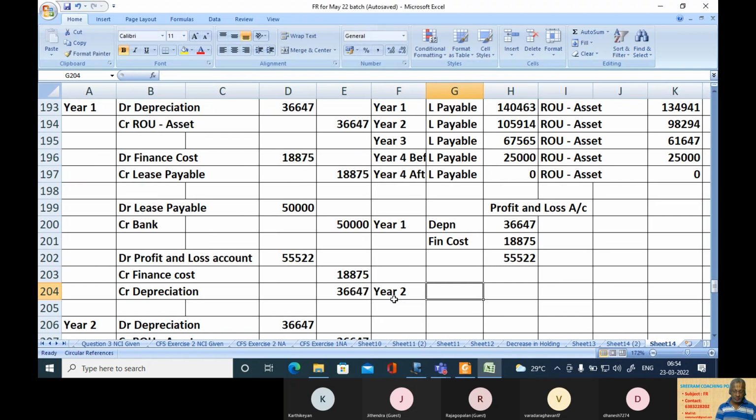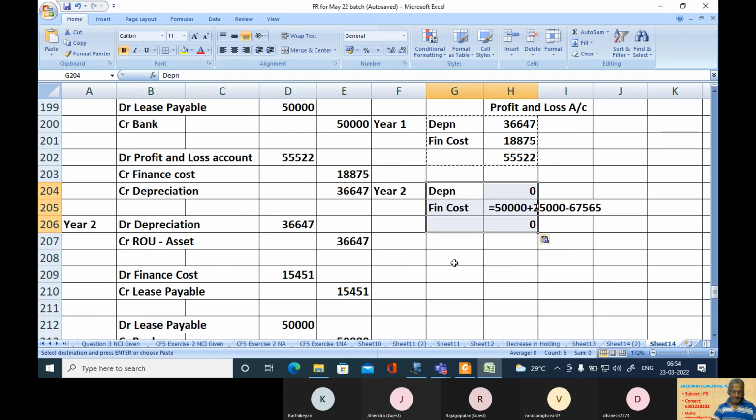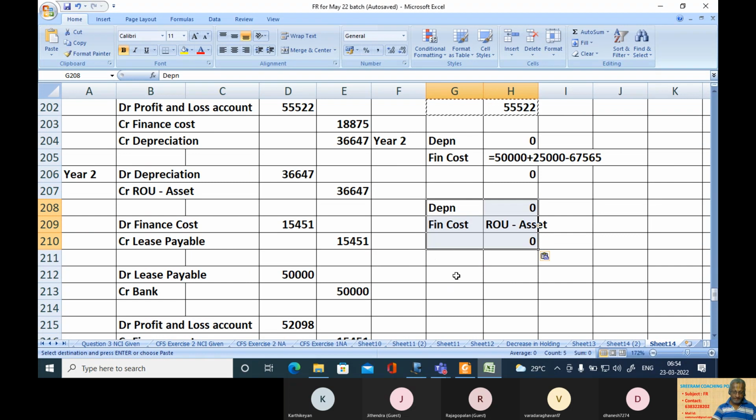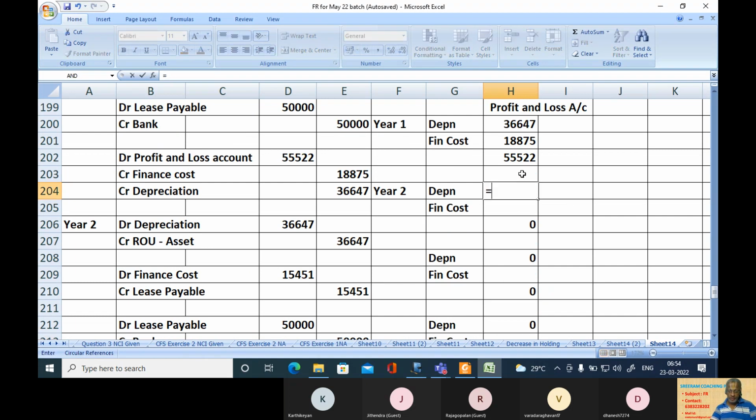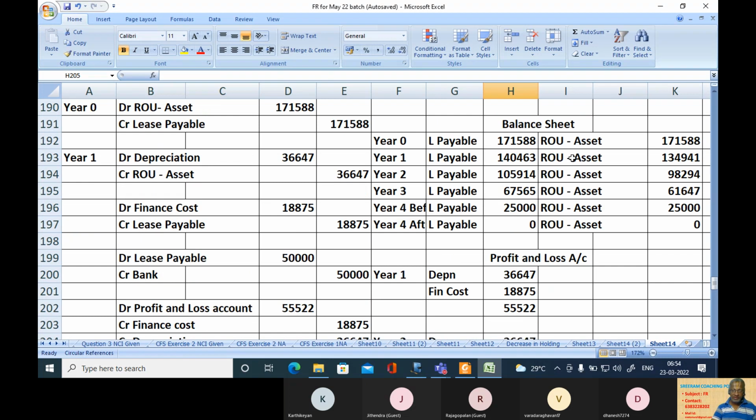Year number 2. Depreciation will be this. Finance cost will be this.